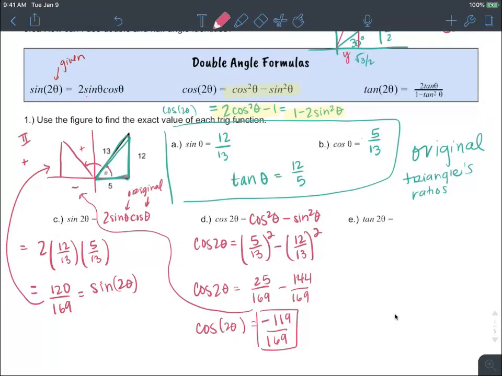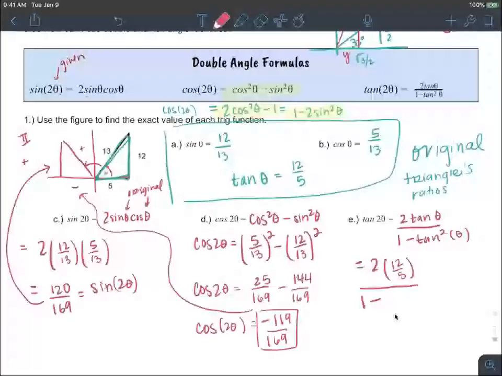All right, so the tangent of 2 theta. So 2 times the tangent of the original ratio over 1 minus tangent squared of the original ratio. Okay, so I get 2 times the tangent, which is 12 over 5, all over 1 minus 12 over 5 squared.